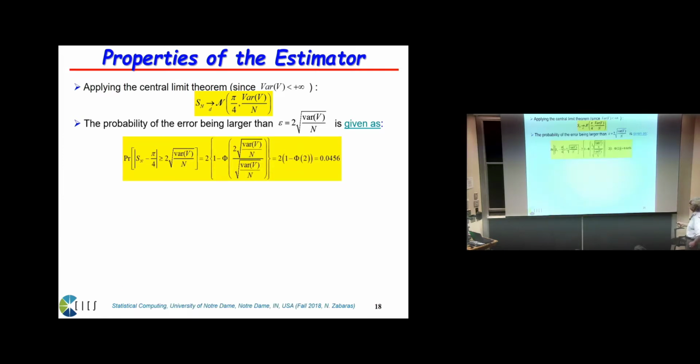So let me calculate the probability that the sample mean is this amount away from the actual mean. So forget this thing, right? If I give you this Gaussian, and I tell you, find me the probability that I will be 2 times this away from the mean, will you be able to do this with Gaussian tables? Yes?